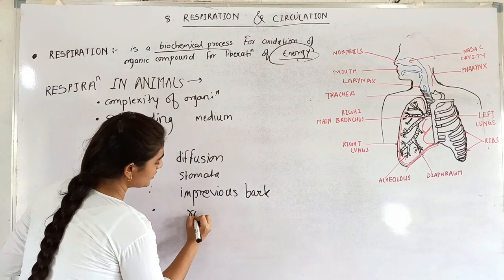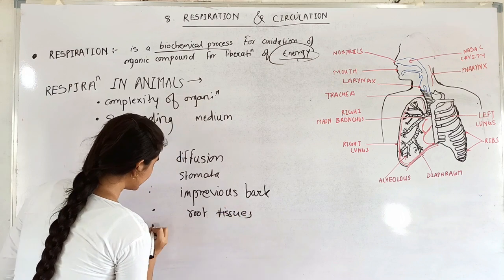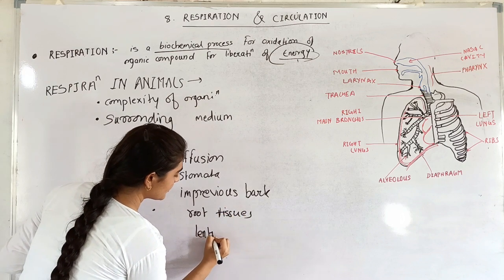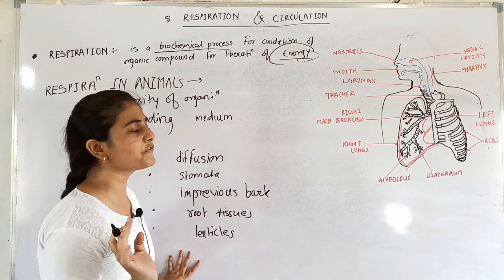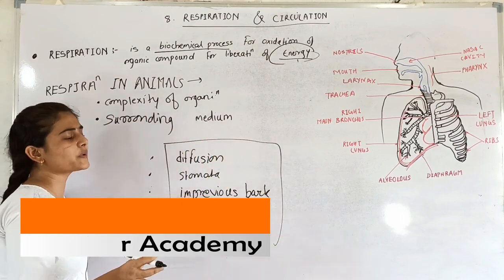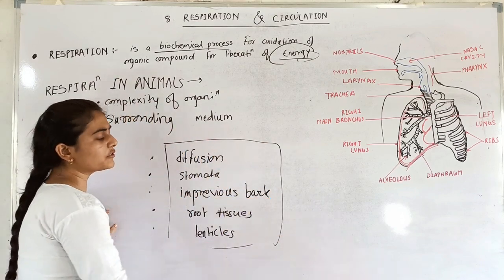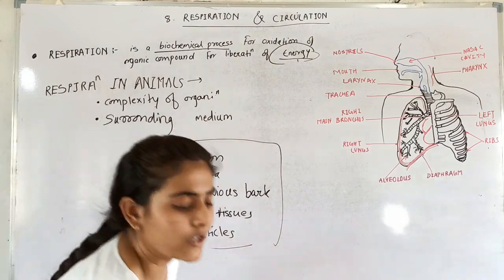The fourth is root tissue, and the last one is lenticels. For 3 or 2.5 marks, if you elaborate these points in plant respiration, you will get full marks. So remember these key points while answer writing.